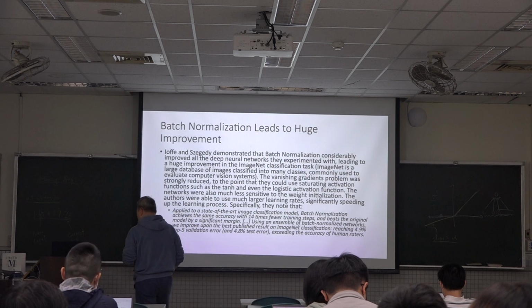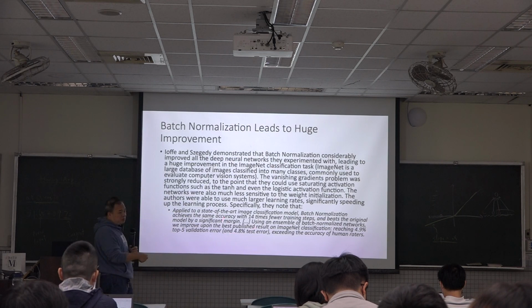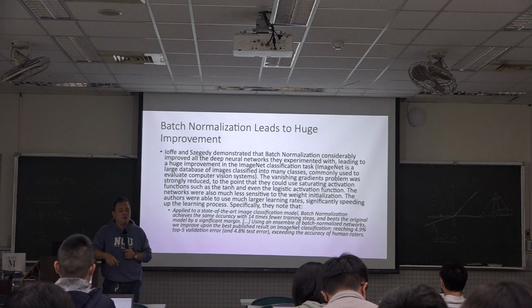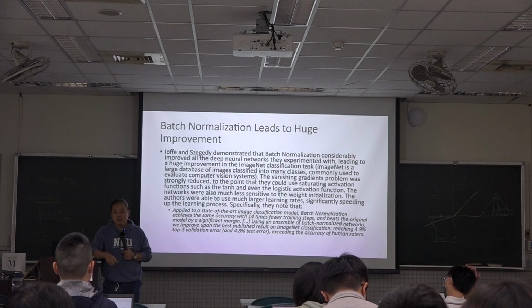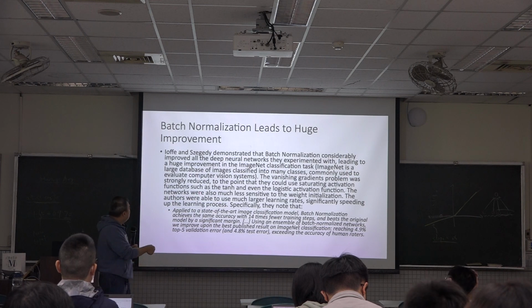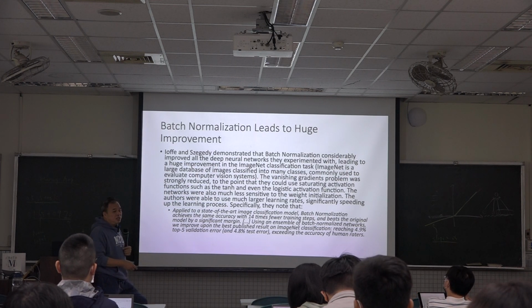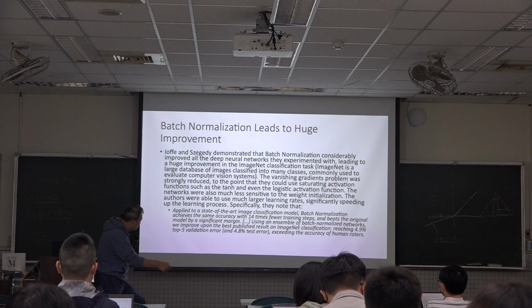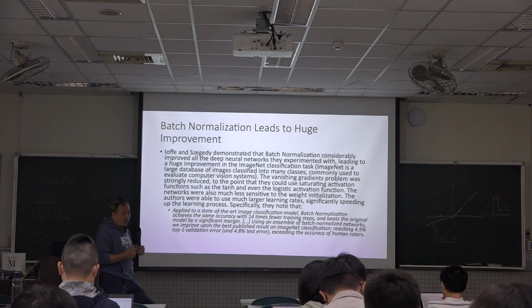Of course, this may not be news nowadays. We all know that in a lot of tasks, a deep learning model is able to outperform humans. Nowadays everybody thinks it's natural, but this paper was published in 2015, seven years ago. At that time, they still thought humans were better than deep learning models in a lot of tasks.